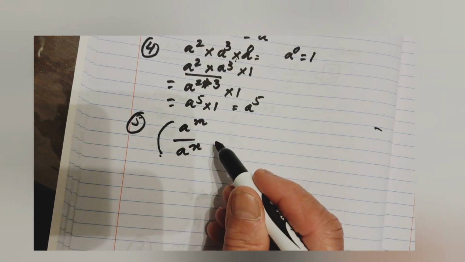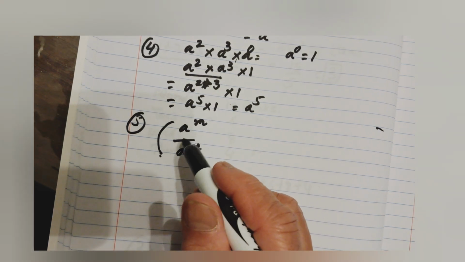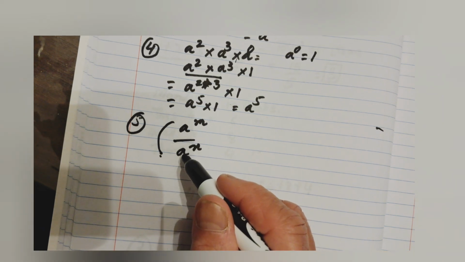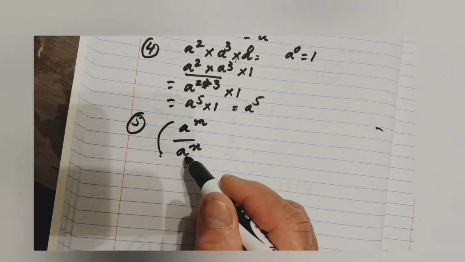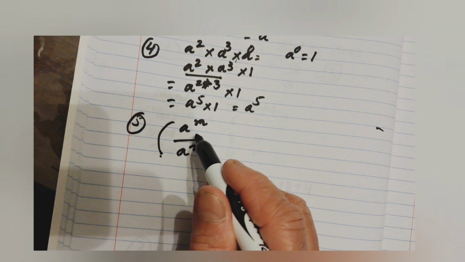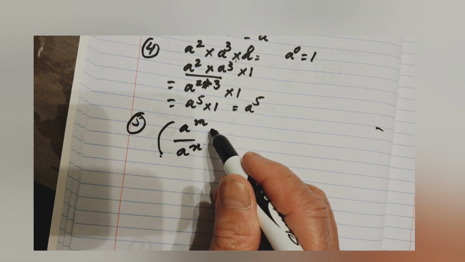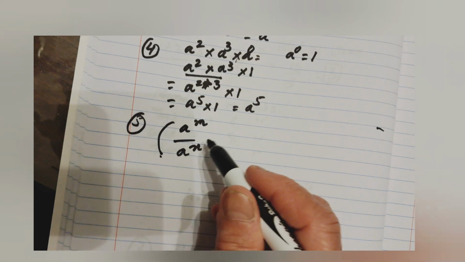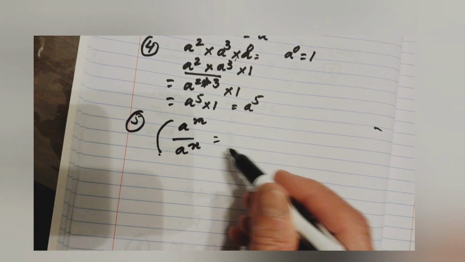When we divide, a to the power of m over a to the power of n, the powers are subtracted.